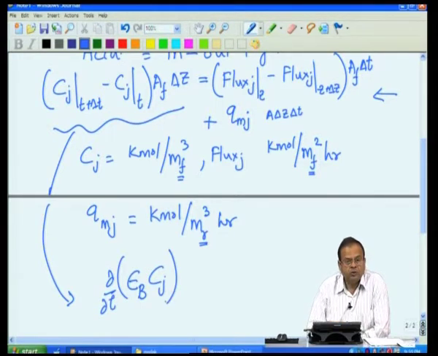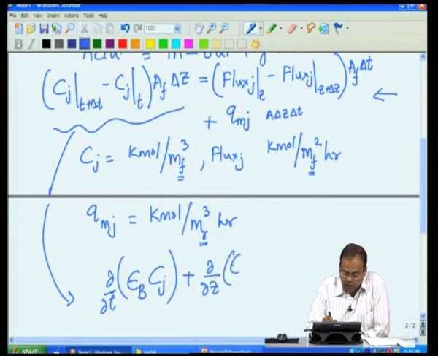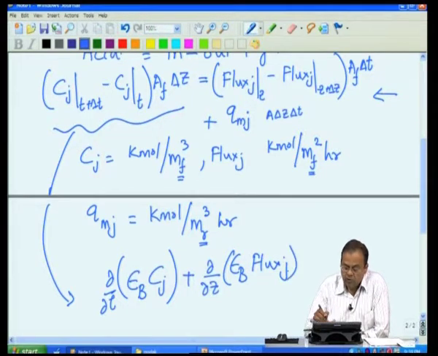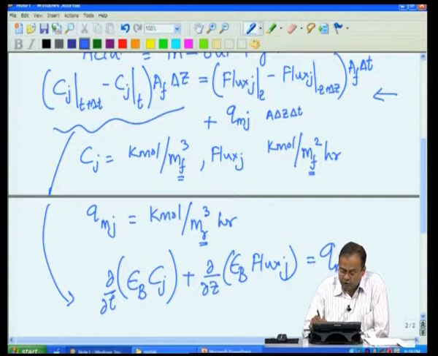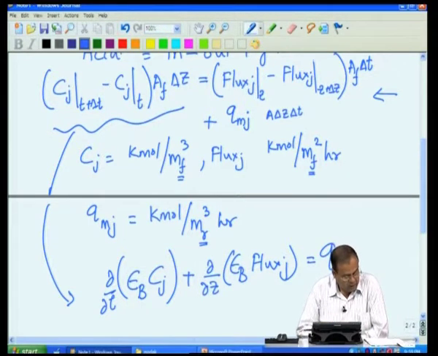That represents my accumulation term, plus once again dou by dou Z of epsilon b into the flux of J. If I take this term on the other side and use the appropriate unit, it equals Qmj. This is my mass balance.